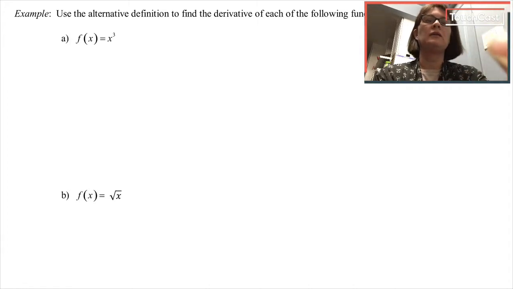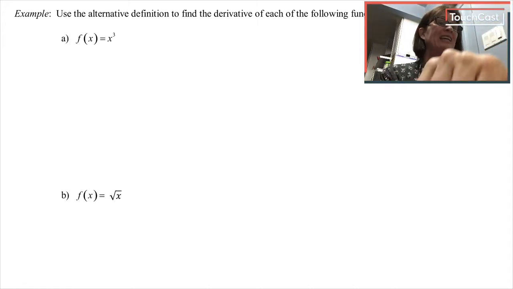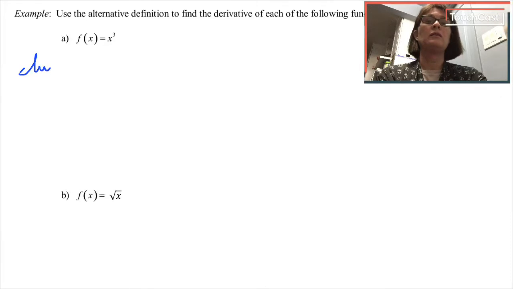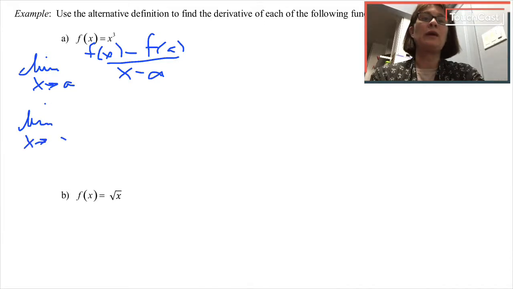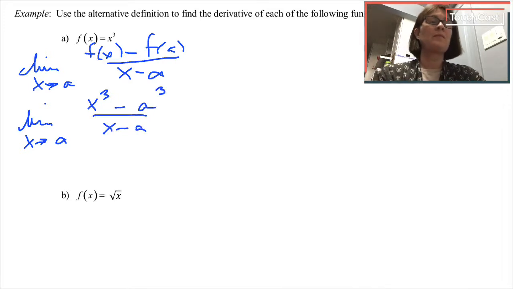So the derivative of f at a is the limit as x goes to a of, nope, I got all excited about the old version, f of x minus f of a over x minus a. So in this case, that's going to be the limit as x goes to a of x cubed minus a cubed all over x minus a.